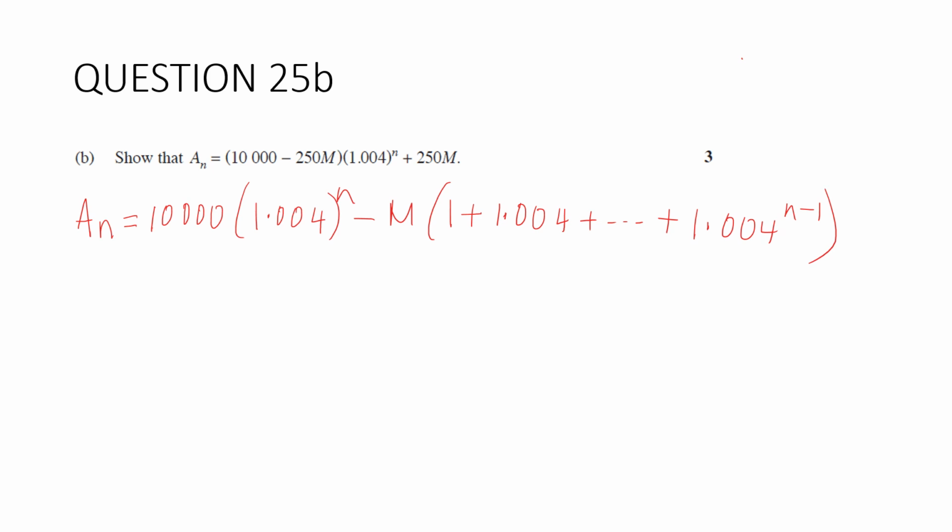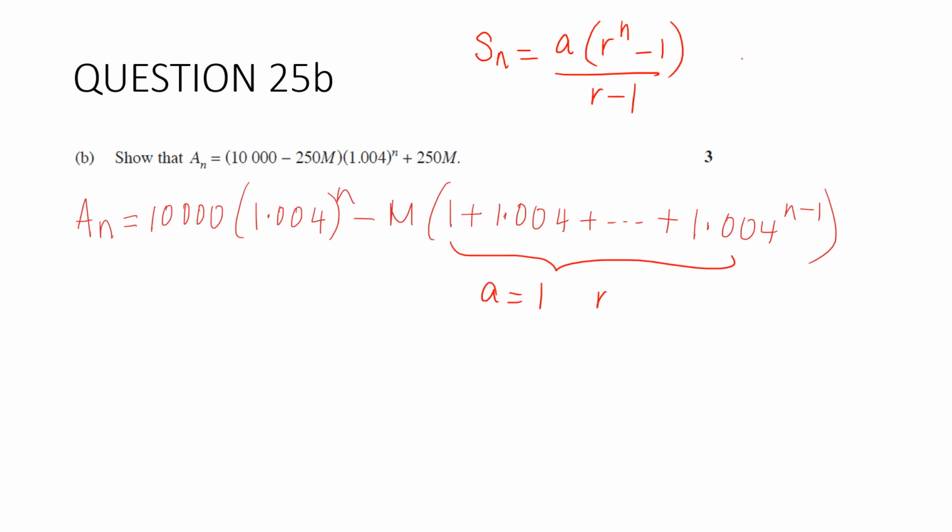So remember, our formula is sum of n is equal to a times (r to the power of n minus 1) all over r minus 1. Okay, so here, what have we got? a is equal to 1, r is equal to 1.004, and n is equal to n because there are n terms there.